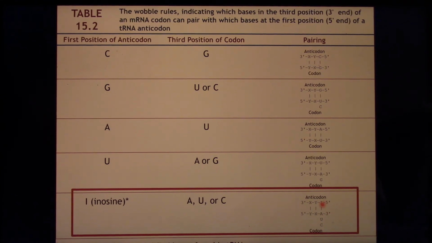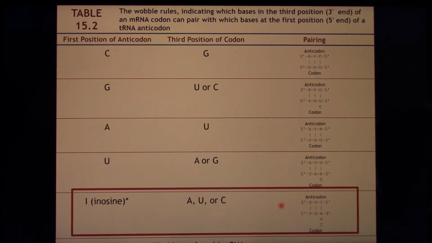The inosine, which is only found in the tRNA, not the messenger RNA, can base pair with either A, U, or C. So this is part of how we get wobble in the code. This is the one thing I'm asking you to remember from this table, which talks about the wobble hypothesis.